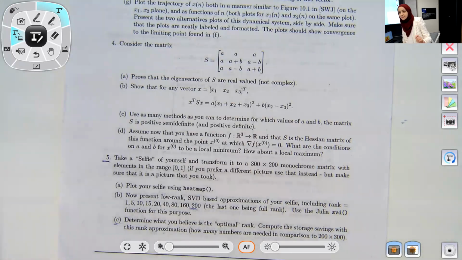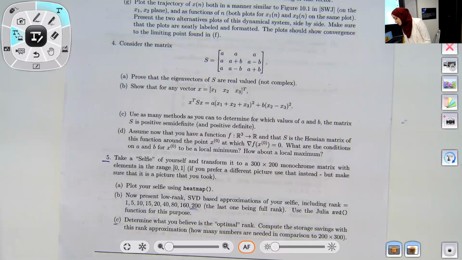You need to change the dimension of your selfie to 300 times 200, so at the beginning you need to change the size. You can write number of rows equal 300 and number of columns equal 200. Then you can make your image 300 times 200.